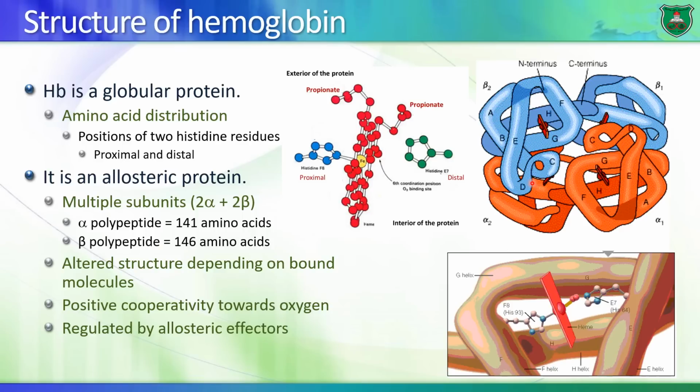So this is known as positive cooperativity. That is, binding of one oxygen makes it easier for a second one to bind, and so on. And in the next lecture, we'll talk about the effectors, the regulators of hemoglobin function.